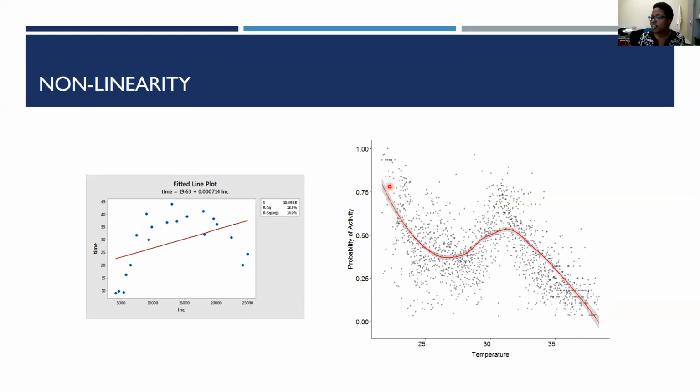And here you can see that they've actually fitted a curve to this data, and you can see how it's much closer to a lot more of the dots than if we'd just drawn a straight line going down that way. So fortunately, it is possible to use an equation to model a curve like that. We won't get into that in this class, but it is possible. So if you see this kind of curve data, then you know you need to use a curvilinear regression instead of just a linear regression.